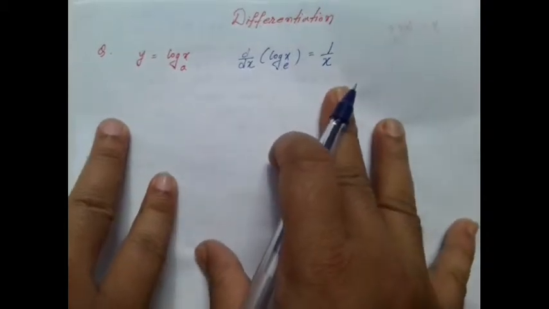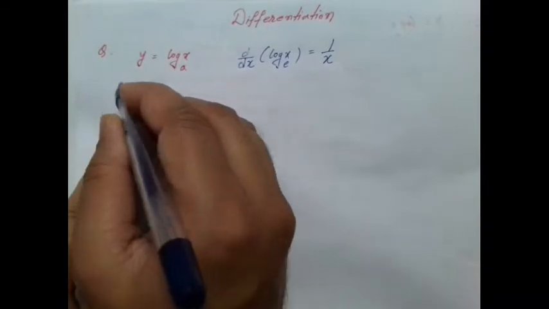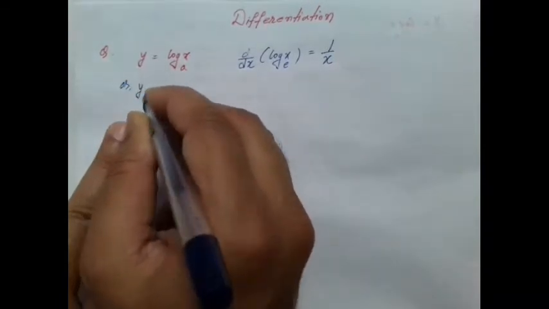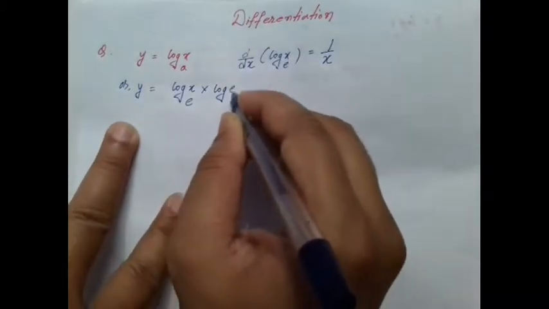Now to get this form we have to change this base, so we have to write y equals log x to the base e into log e to the base a.